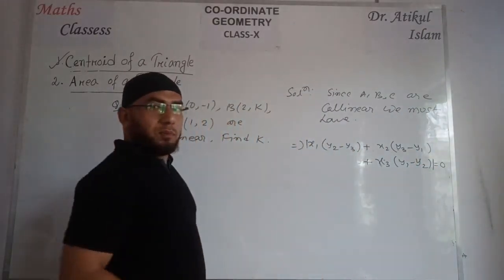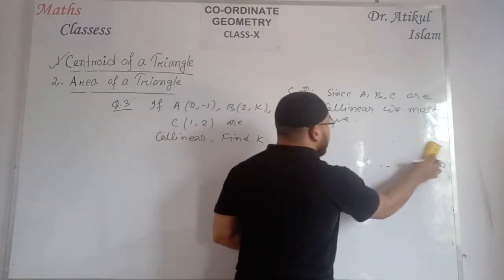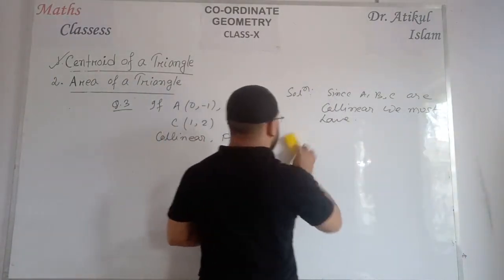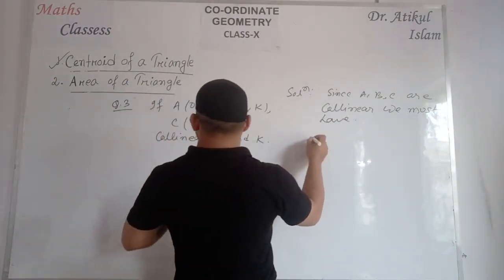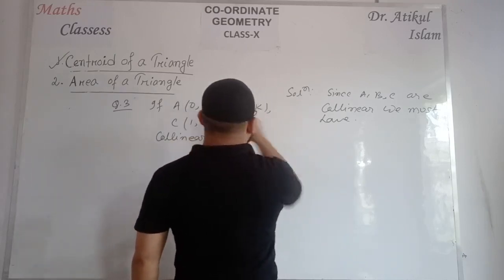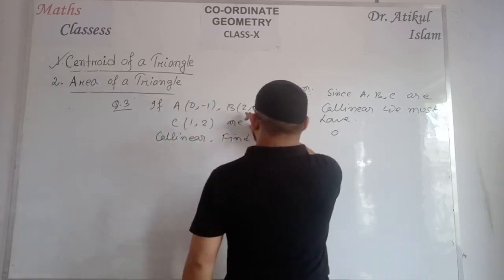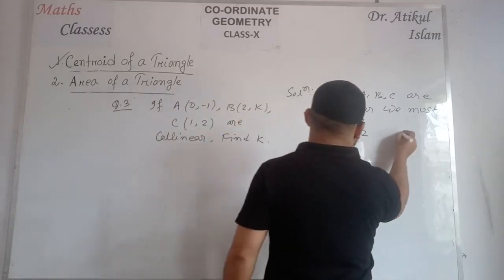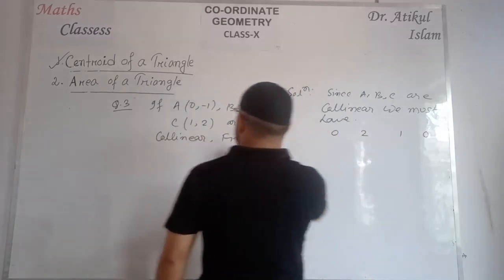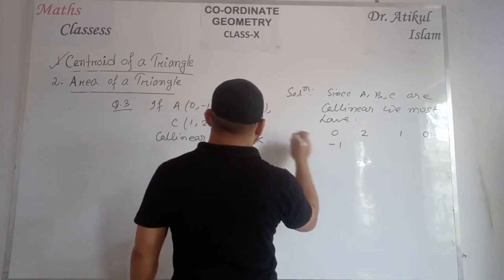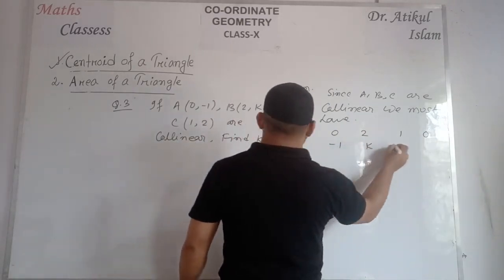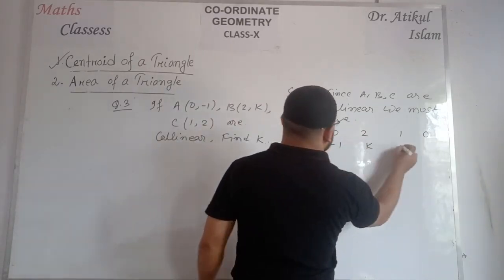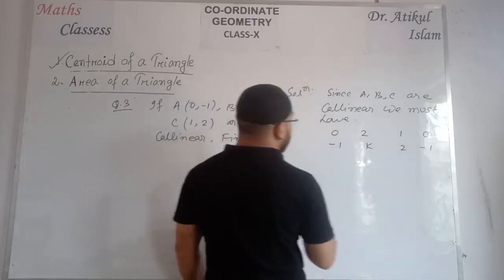You can use this formula, or you can use the shortcut method. So write first the abscissas: 0, 2, then 1, then 0, then the ordinates: minus 1, here k, then 2, then minus 1.